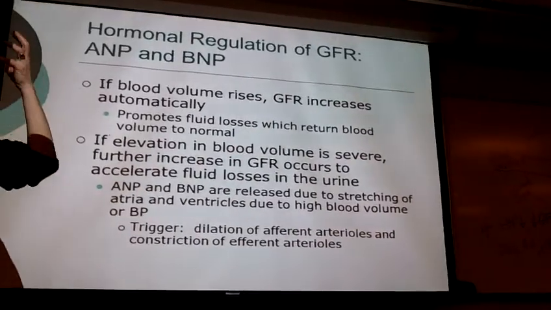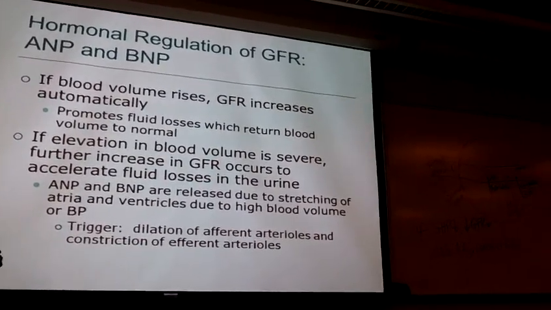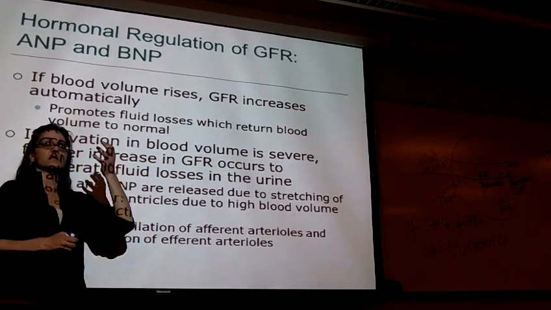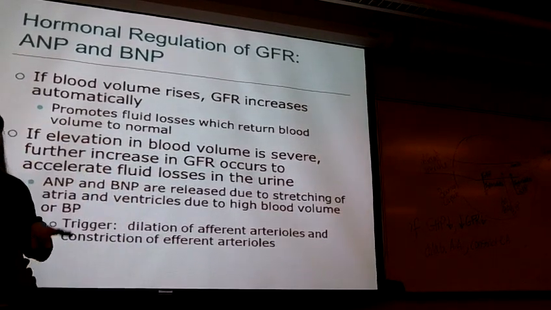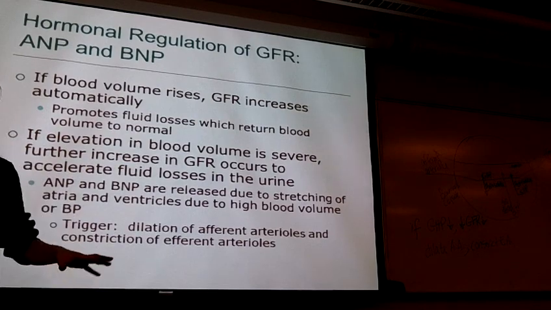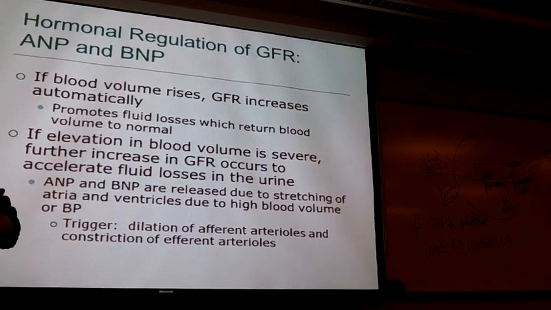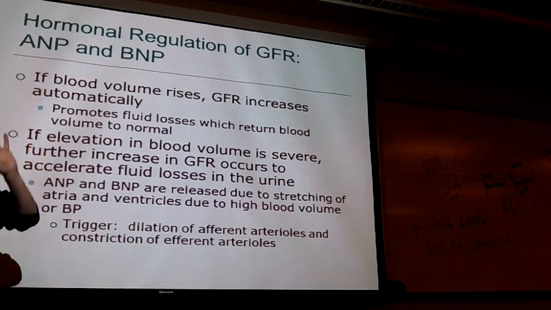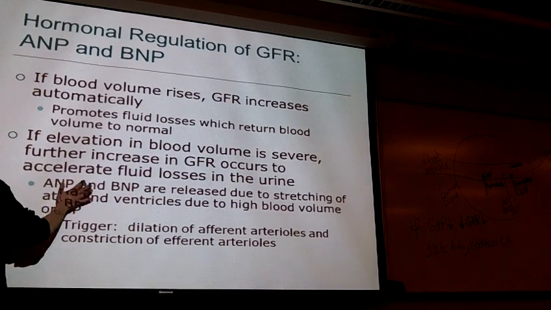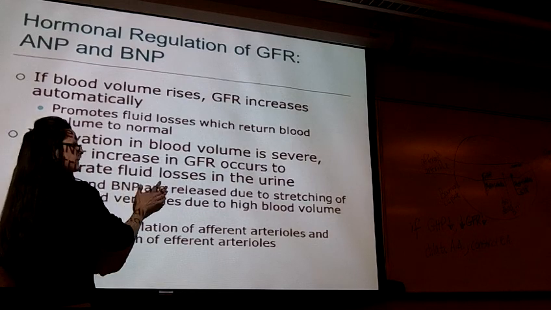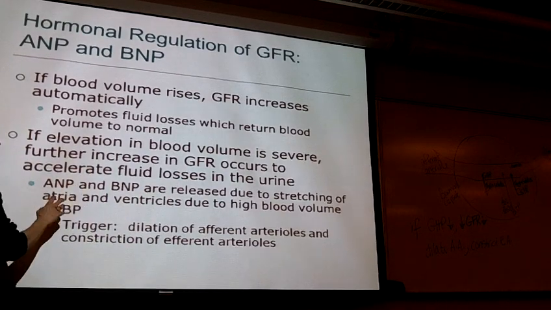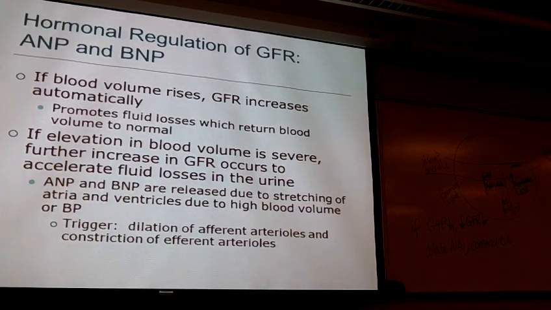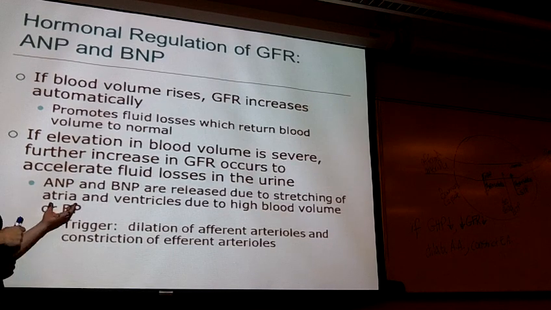But if blood volume becomes really high, then obviously blood pressure is going to become high, and there's going to be lots of mechanisms that we've already talked about. Cardiac reflexes, vasomotor reflexes that are going to try to deal with that really high blood pressure. But ANP and BNP, again, are released if the atria and the ventricles are stretching due to a very high blood volume or blood pressure.